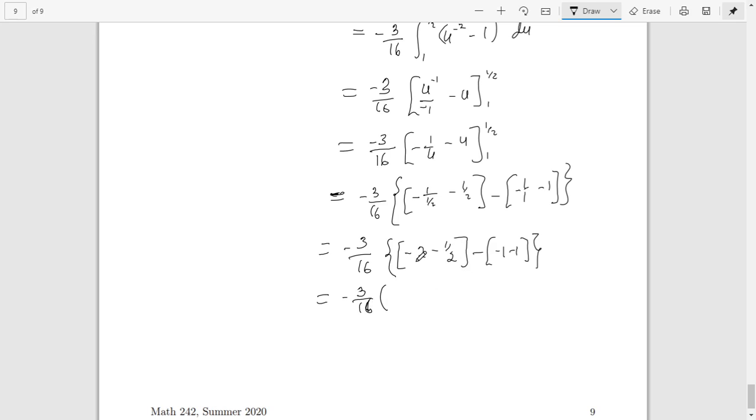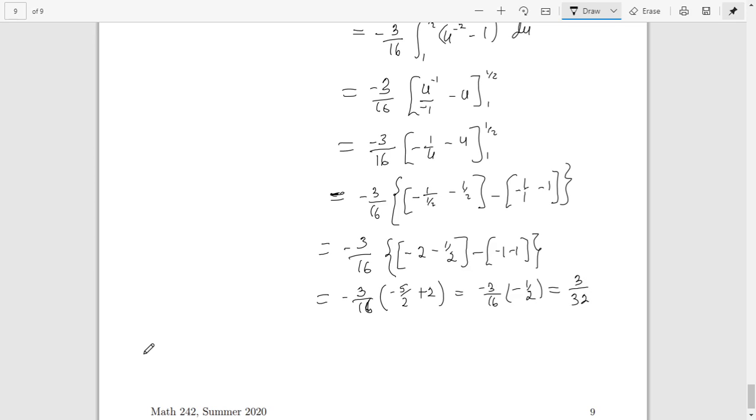Minus this is going to be negative 5 over 2, minus this is minus 2, minus here is going to be plus 2, and this simplifies to, what do I have, negative 3 over 16 times, what I have in here is going to be minus 1 over 2, which will be equal to 3 over 32 at the end of the day.